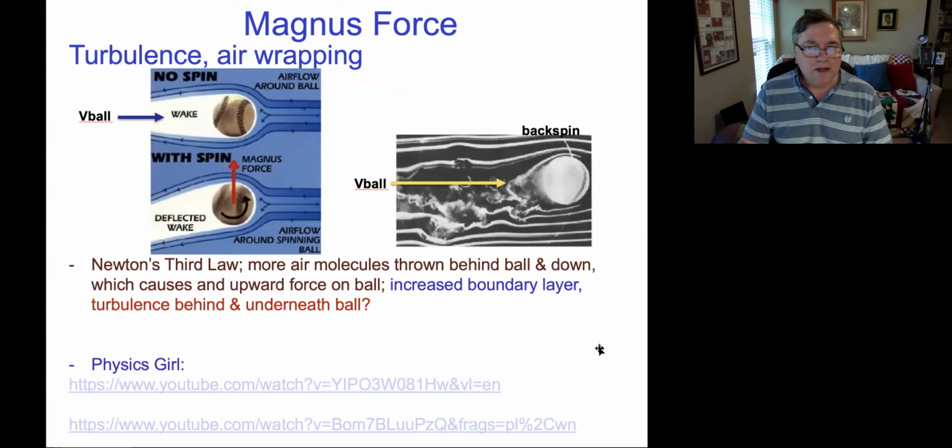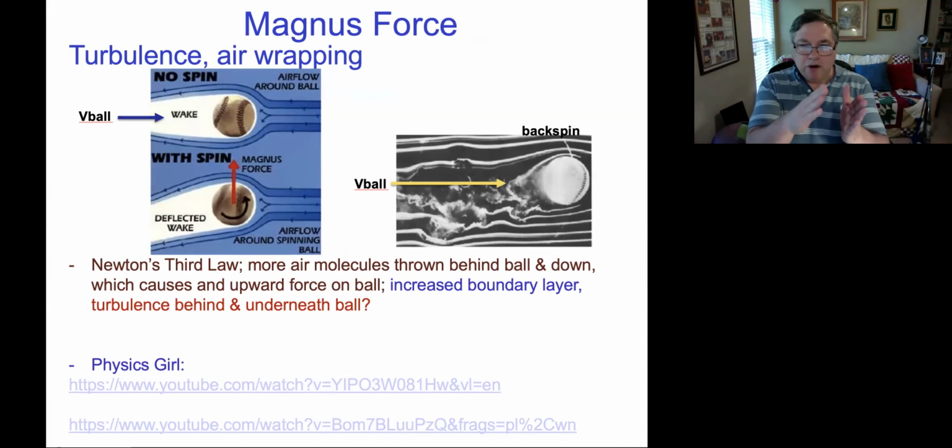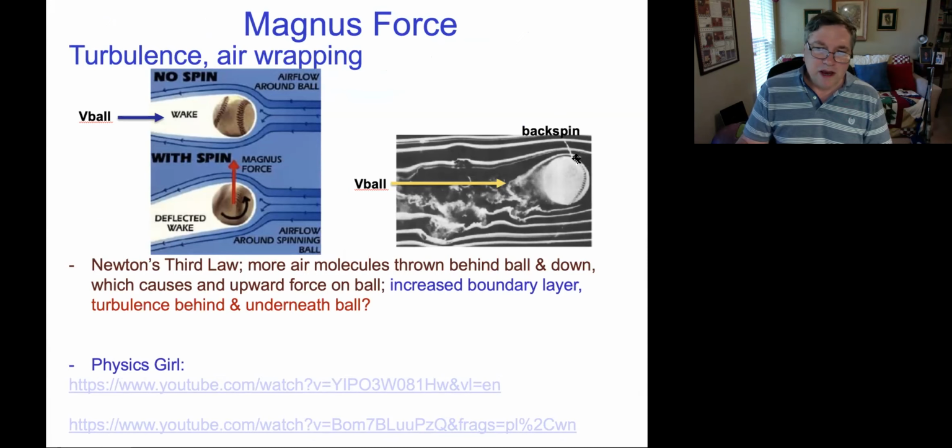With turbulence and air wrapping, we deflect the wake. Actually, when the ball starts spinning, the wake becomes narrower, but it also gets deflected. In this example where we have some backspin, the ball's moving in this direction and the air molecules are moving from right to left.